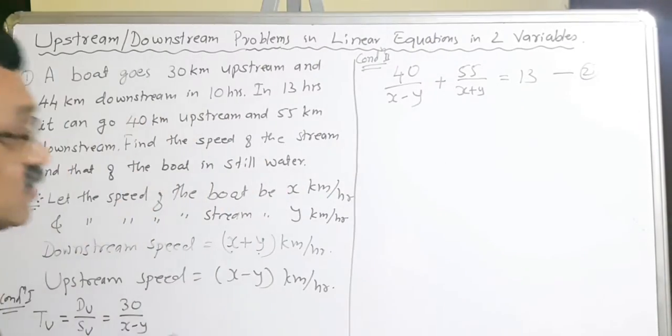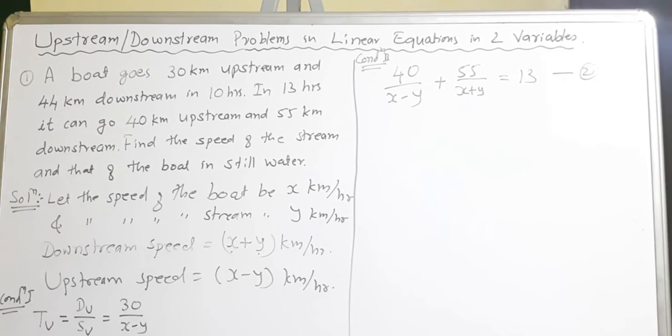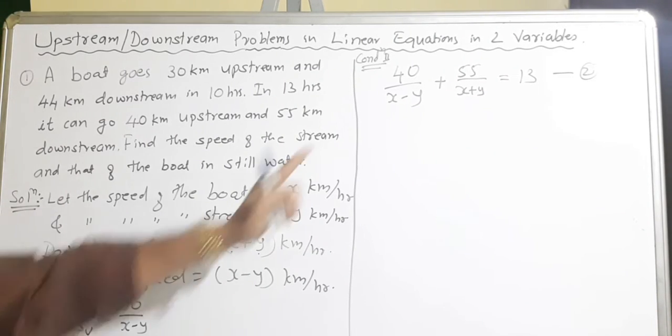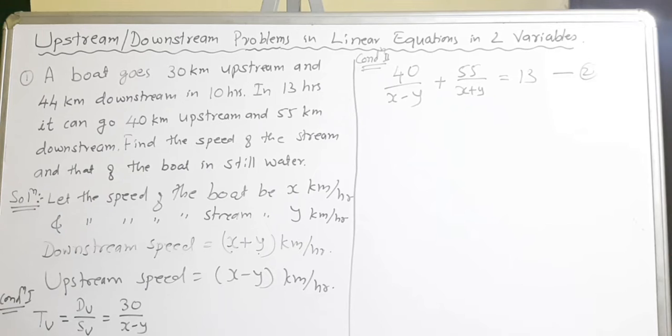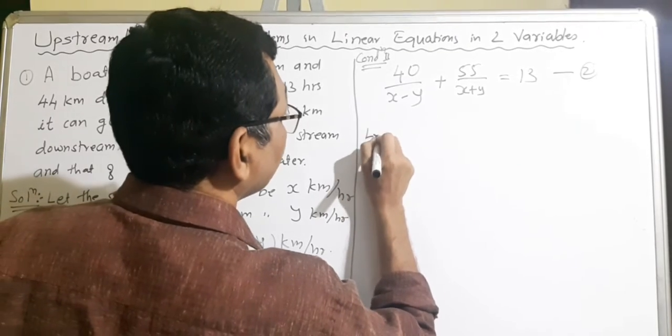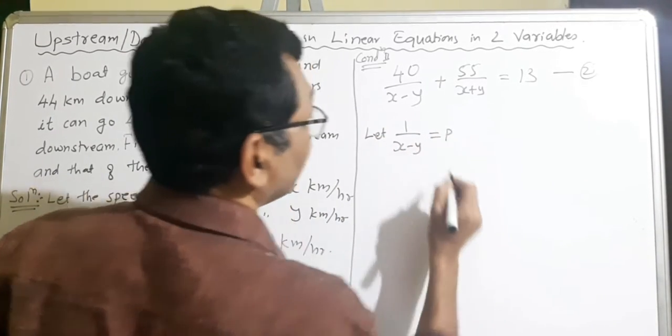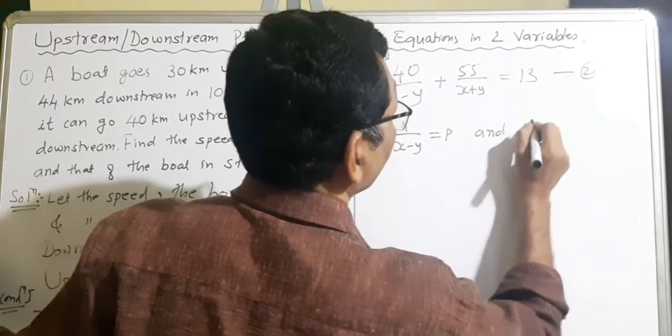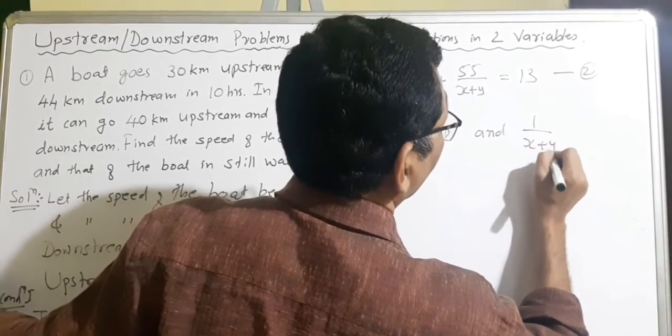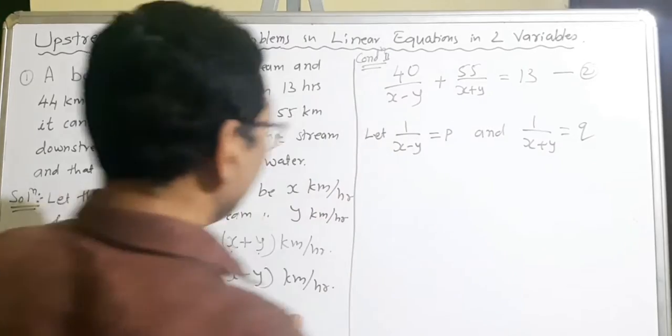Now these two equations we will solve by reducing them to linear form. So we know how to convert this into linear equations. Let 1 upon x minus y be equal to p and 1 upon x plus y be equal to q.